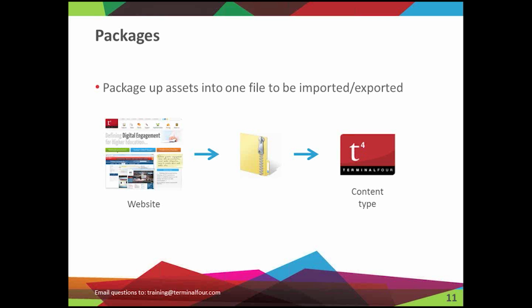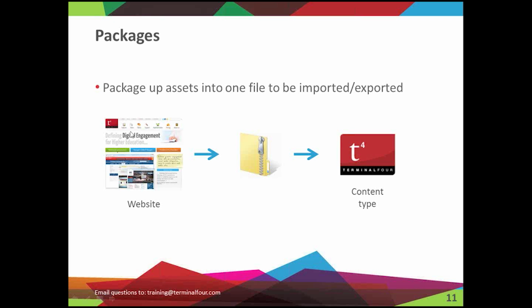So you build a content type, and then you'll say that, for example, the CSS class for my heading 1 of this website is to be mapped to the heading 1 of my content type, and then you can do that so on and so forth for your other headings, your paragraph content, and so on. The Terminal 4 packages tool will then trawl through that website.